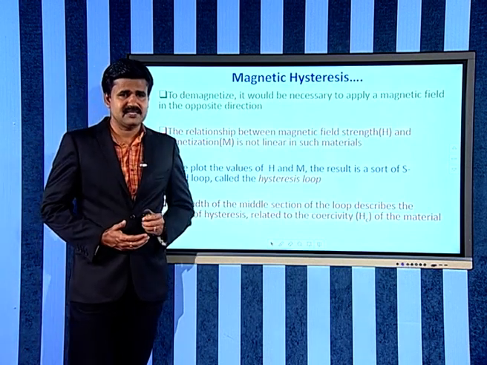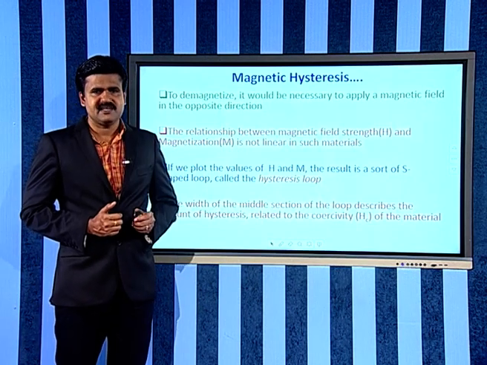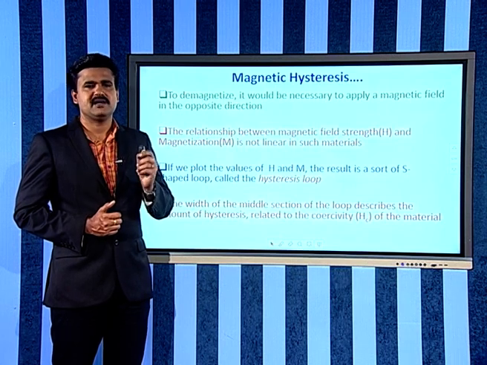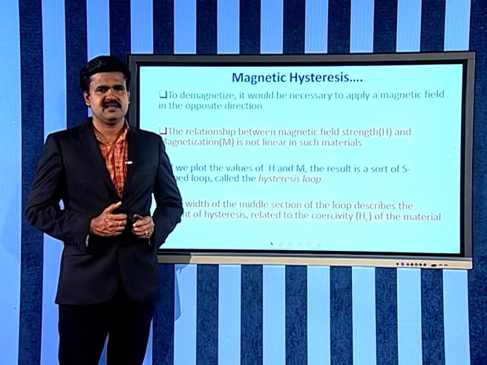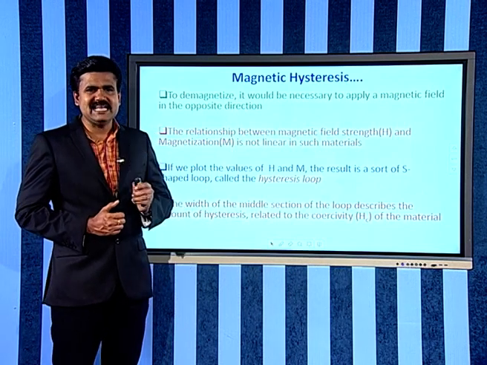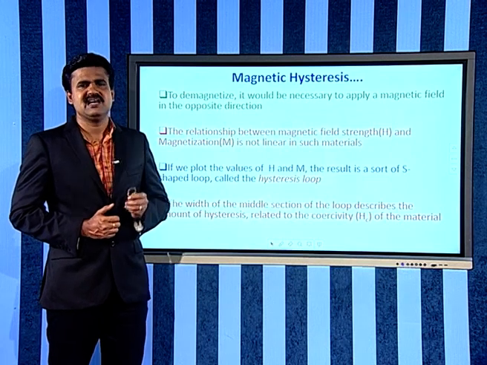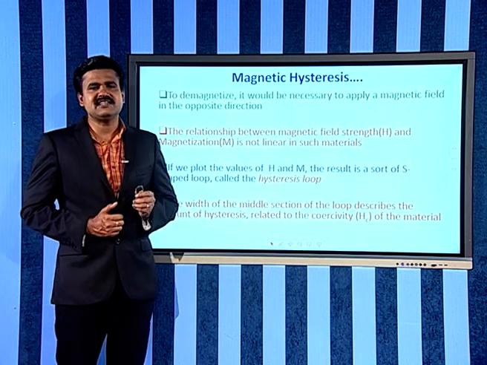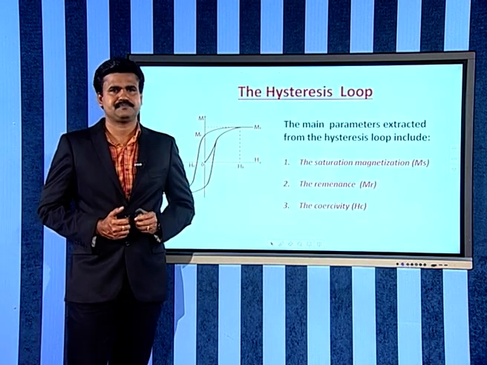If we plot the values of H and M, the result is a sort of S-shaped loop known as the hysteresis loop. The width of the middle section of the hysteresis loop describes the amount of hysteresis, related to the coercivity of the material.